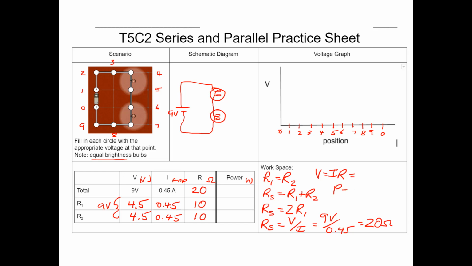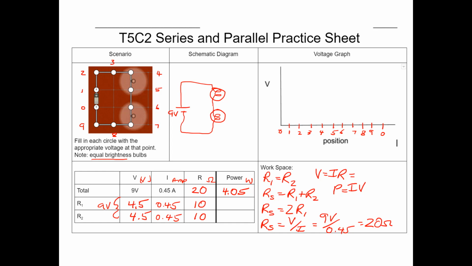And our power is equal to our current times our voltage. Let's do this. 9 times 0.45. Put that in my calculator. I get 4.05 watts. I'll do the same thing for my other two. So that's the power going into the circuit, power being used by the circuit.